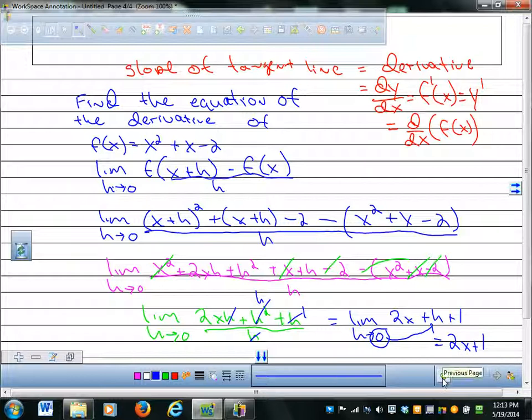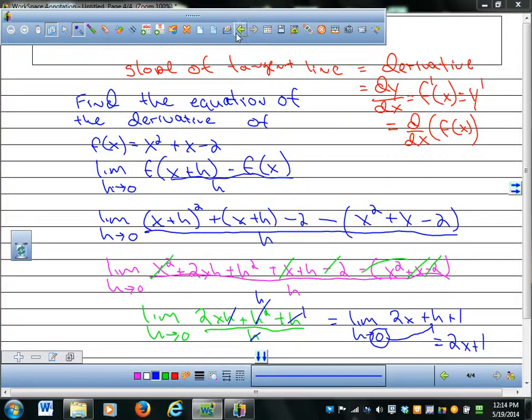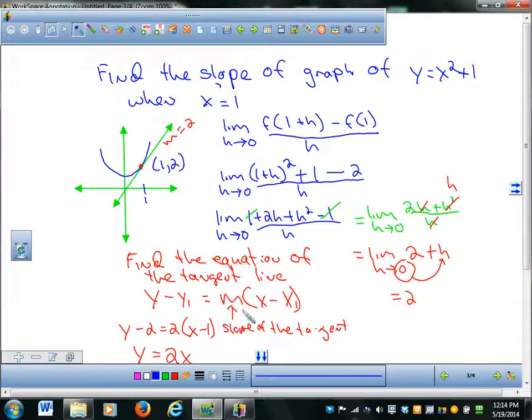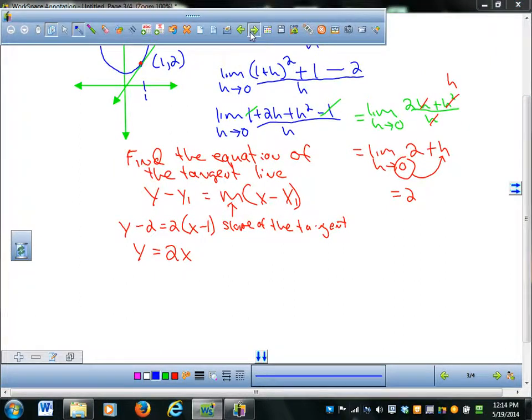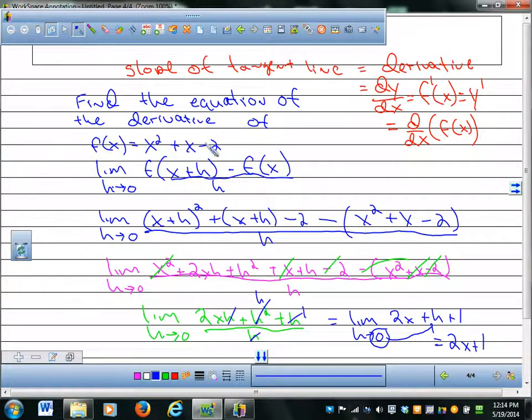Big deal. What does that tell you? It tells you the slope of this curve at any point. If I go back up here, what was my curve? X squared plus x minus 2.